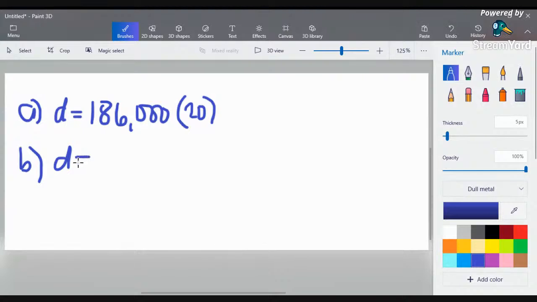So D is equal to 186,000 multiplied by 1 minute. How many seconds is 1 minute? That is 60. So multiply your 186,000 by 60 in order to find how far the light has traveled in 1 minute. And for number 2, you can make your own answer for that. It's somewhat related to our exercise.